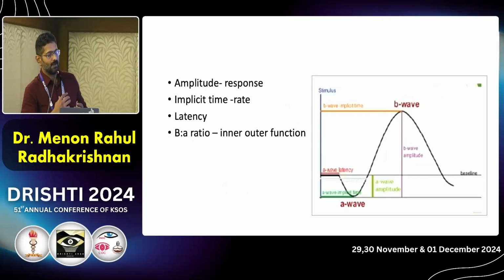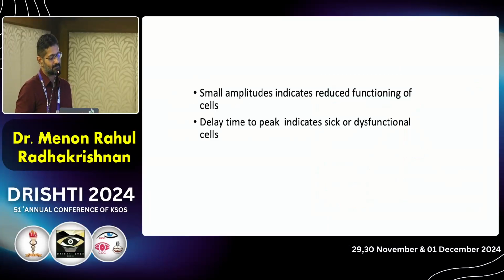Now, when we look at the waves, we are also looking at the quality of the wave. We are supposed to look at the amplitude, the implicit time, and the latency. The B wave amplitude is from the baseline to the peak of the wave, and the A wave amplitude is from the baseline to the trough.